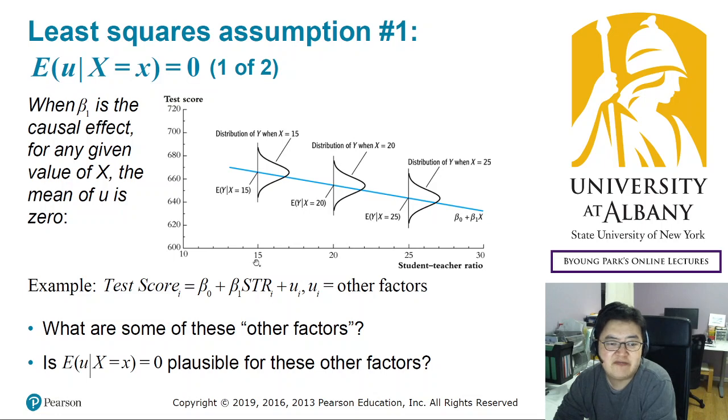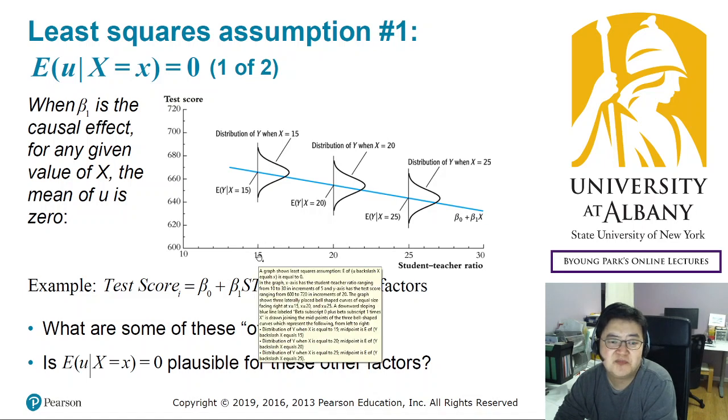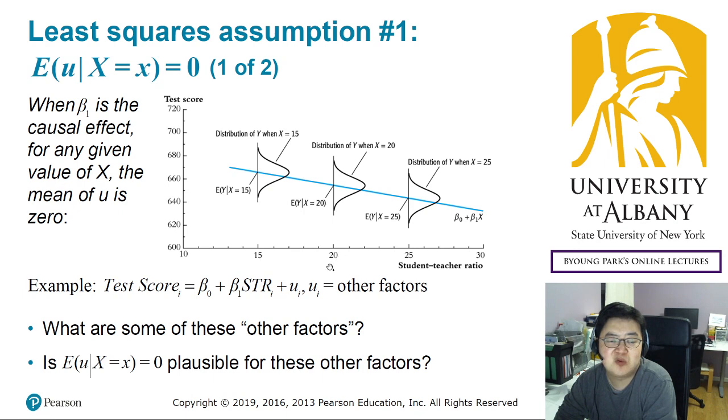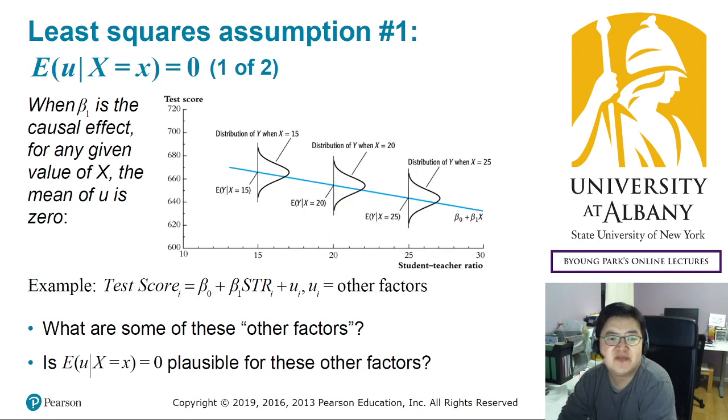At 15, you will observe a lot of school districts who have x equals 15. Similarly, at 20, there must be a different group of many school districts, and at 25, another group. Each group will have their own distribution. That is the conditional distribution.